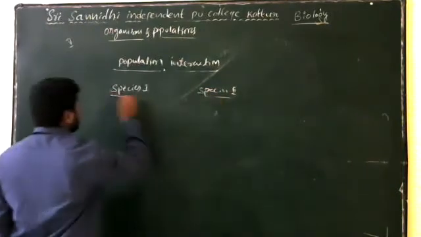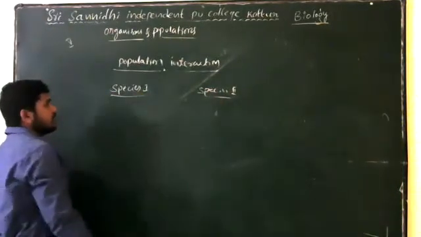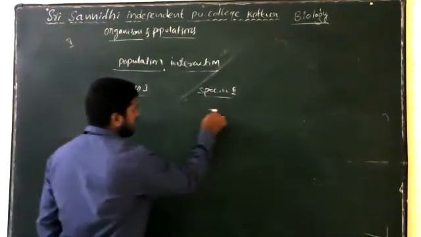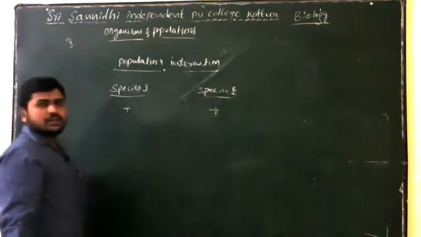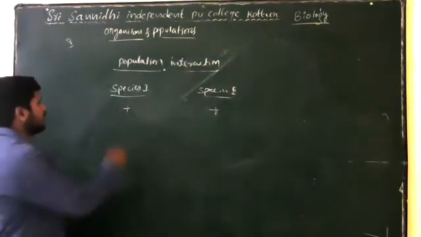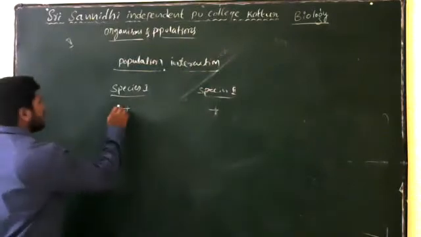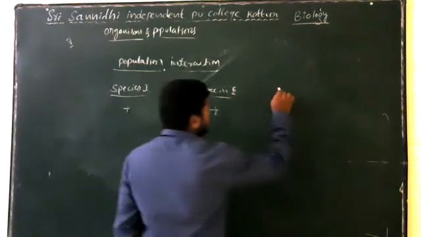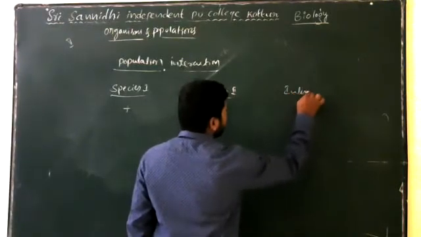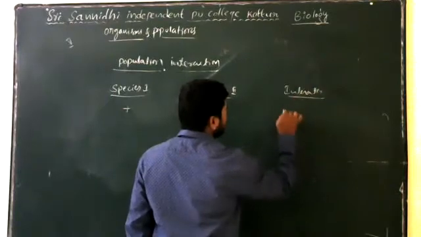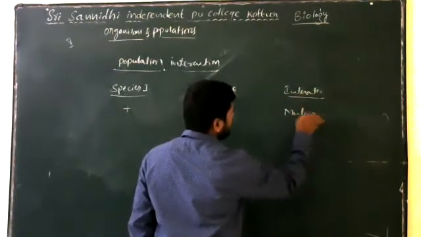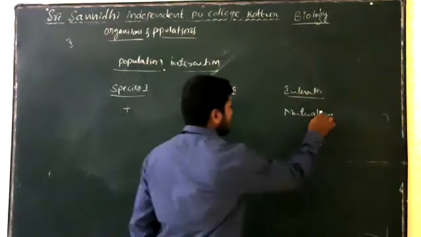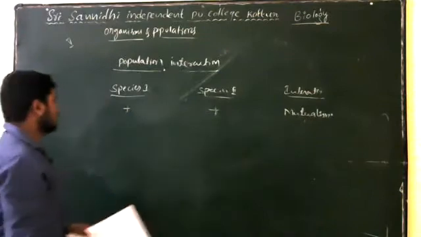If the interaction occurs between the two species where both species benefit, we indicate it with a positive sign, plus for beneficial. Such an interaction is called mutualism.